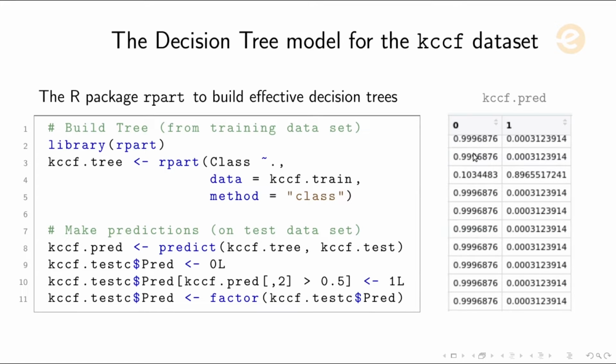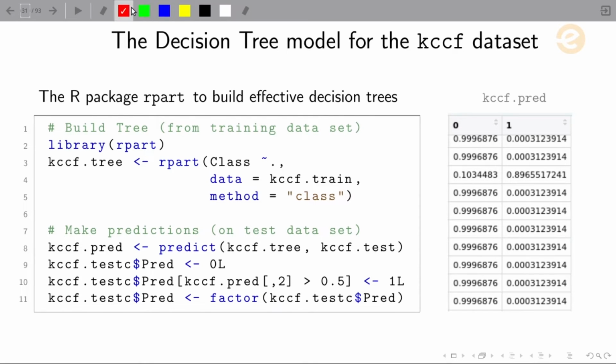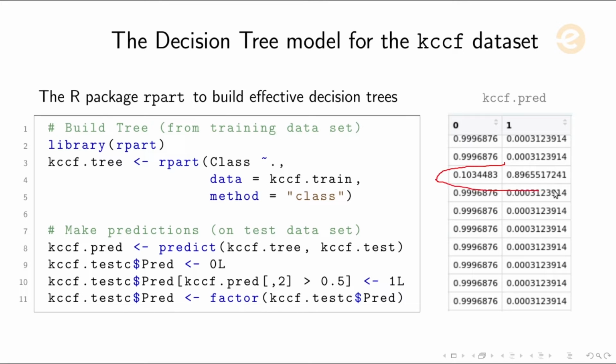As you can see, most of the observations are genuine, but a few, like the third one, are classified as a fraud by the tree, where there is a more than 89% probability that it goes to the fraudulent observations, whereas there is 99.9% probability for all the other observations that they are genuine. So when the second column value is more than 0.5, we classify this as a fraud.